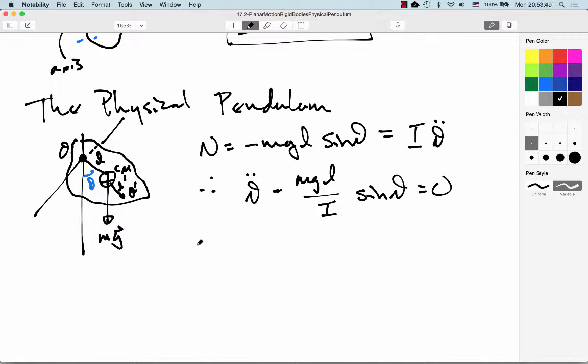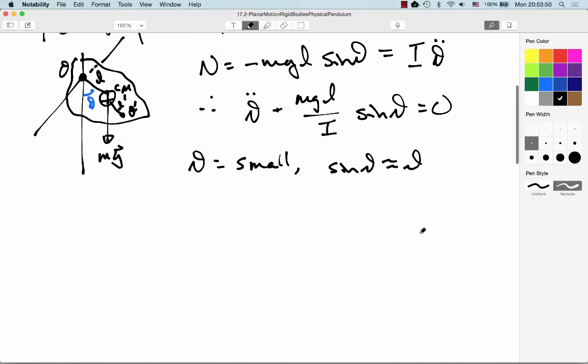If we pinky swear that theta is small, then we can let sine of theta be approximately theta. And then this becomes theta double dot plus mgl over I times theta equals 0.